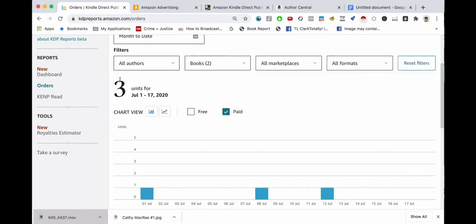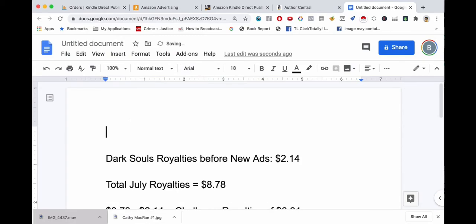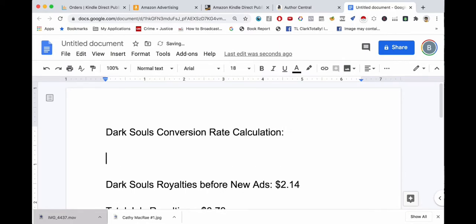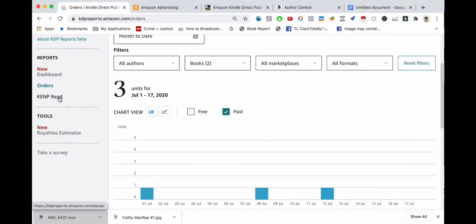So we see 3 units during this time, 3 units in the month of July. So let's move this to Dark Souls conversion rate calculation. Orders 3. So we'll just put sales here. Sales 3.